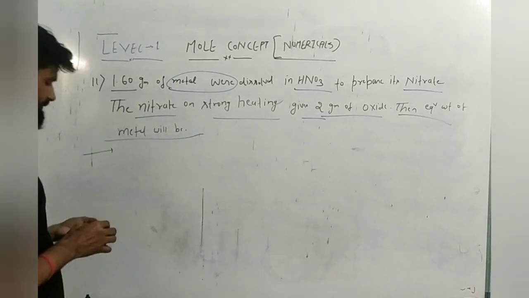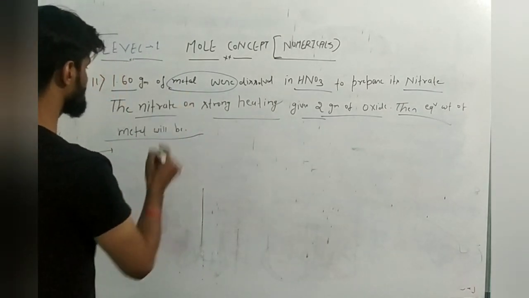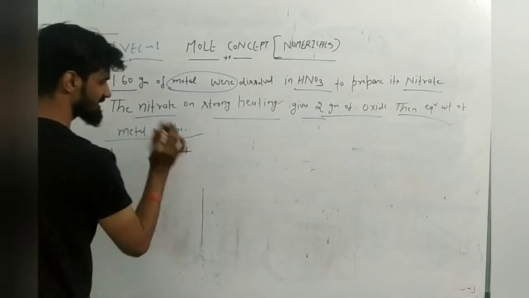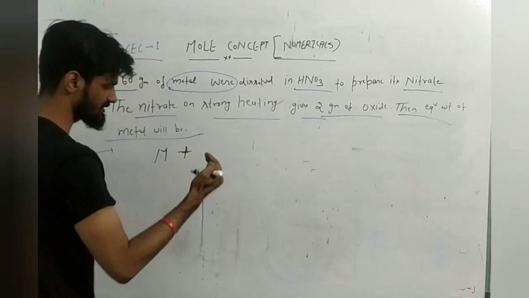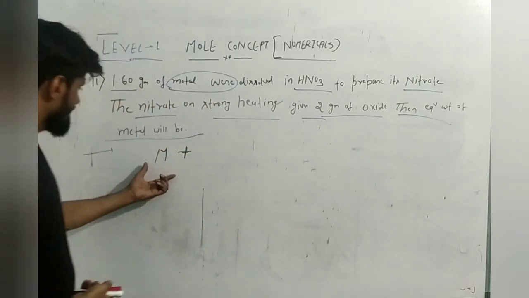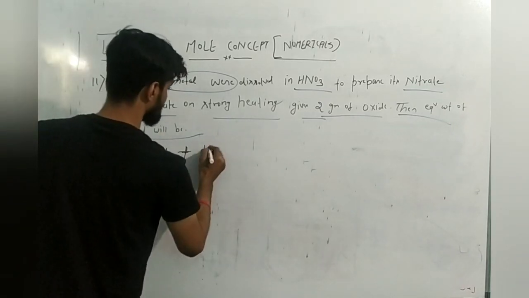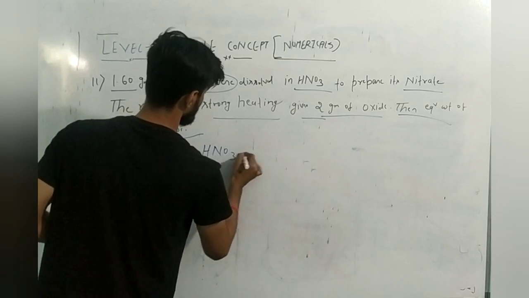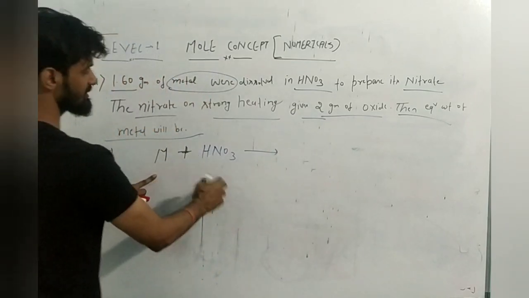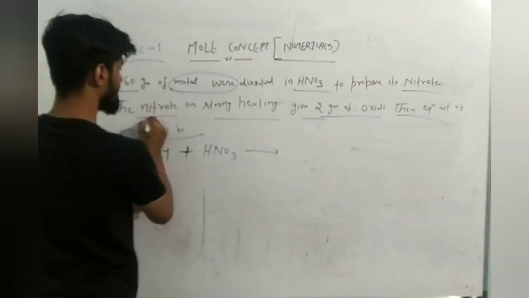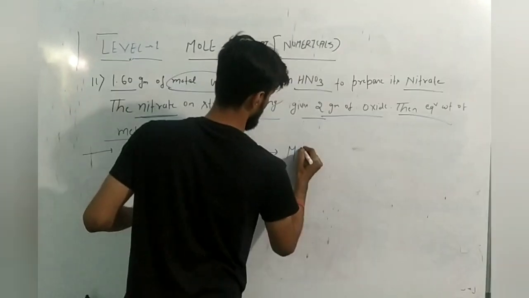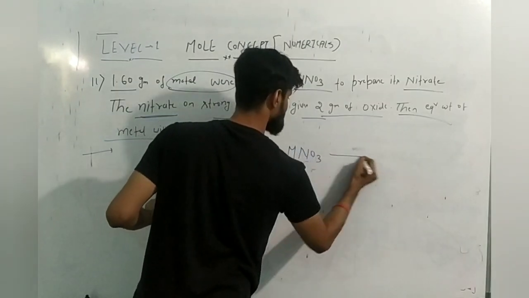How will you proceed? Suppose M is a metal, and this metal reacts with HNO3 and produces a nitrate, MNO3.